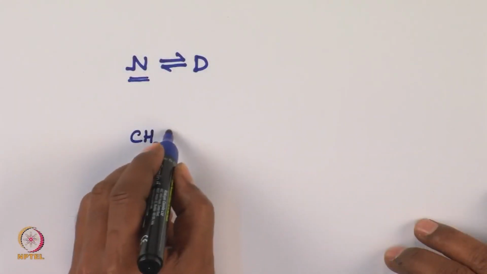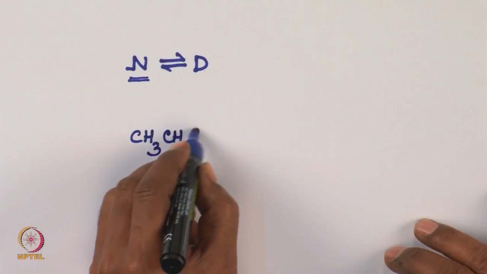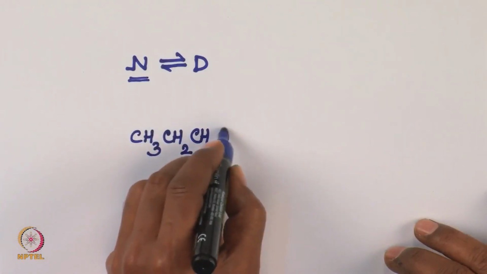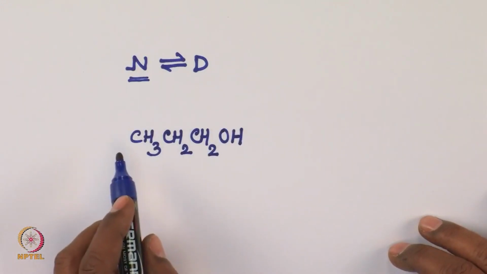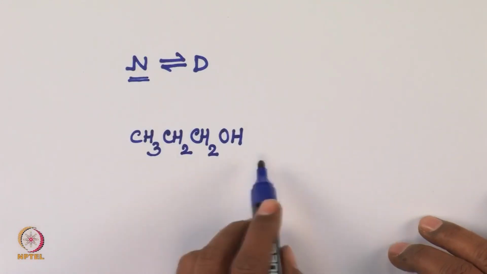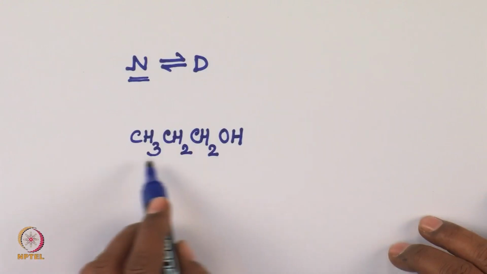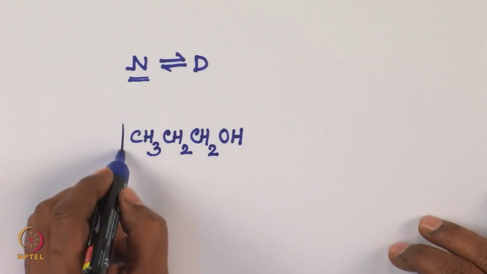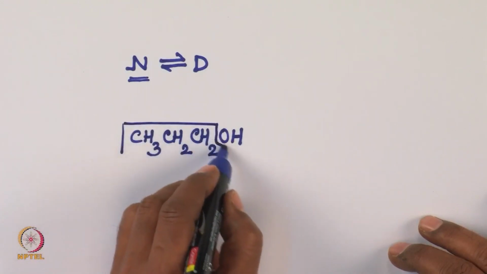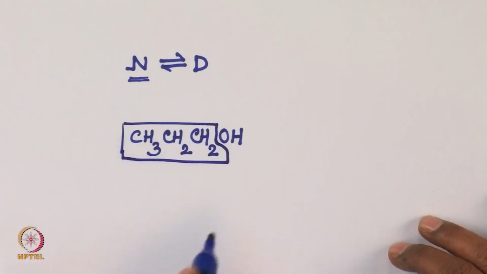Now, here we are talking about propanol. We are talking about CH3, CH2, CH2OH. And if we look at the molecular formula of propanol, you have a hydrophobic part attached to it, CH3, CH2, CH2.